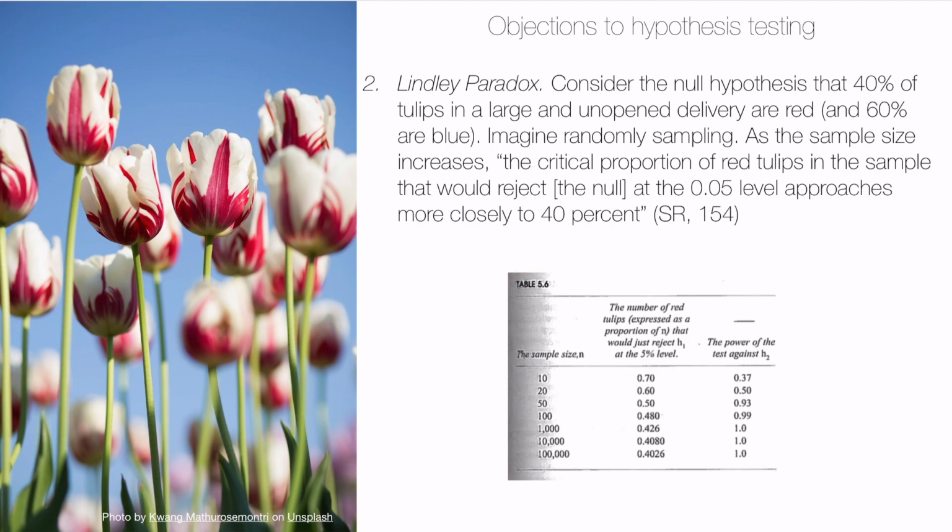So let's first set up this hypothesis test. This is from the Howson and Urbach book that we've read a little bit from. So their hypothesis test concerns a null hypothesis that 40% of tulips in a large and unopened delivery box are red, and therefore 60% of them are blue.